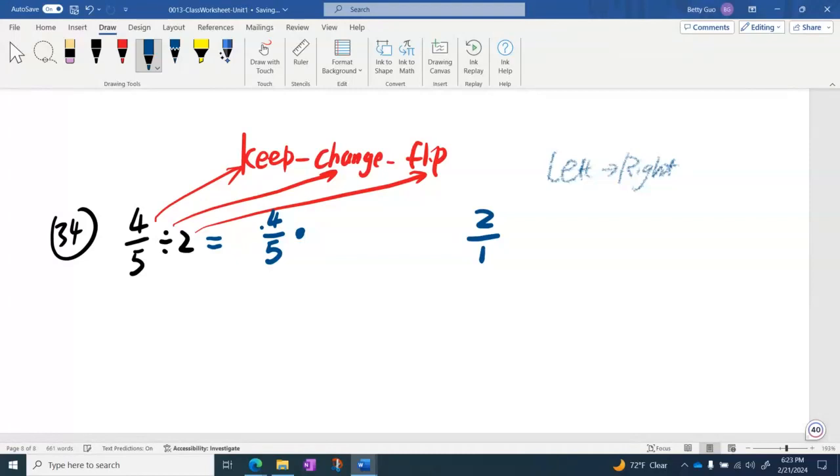What is a reciprocal? Reciprocal is different from opposite. To find the reciprocal of a fraction, we simply interchange the numerator and the denominator. Flip the top and the bottom. So we have 1/2. That is a reciprocal.